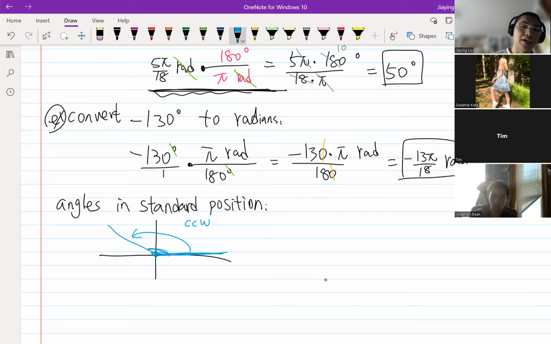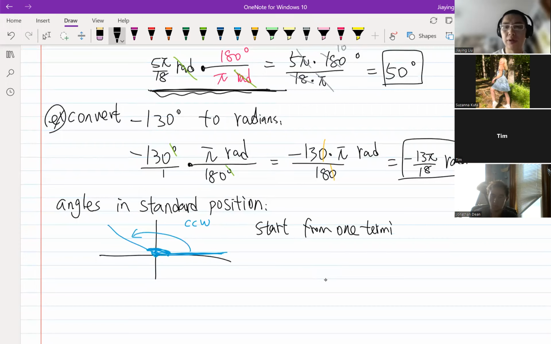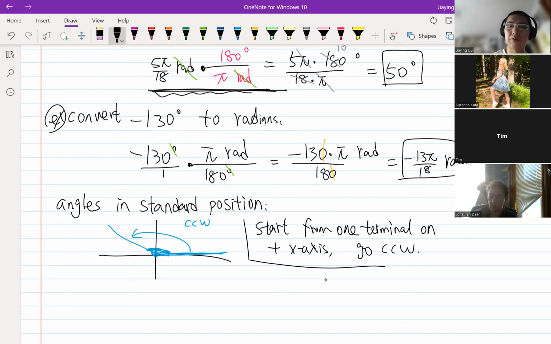So this will be the angle that we talk about. So let me write: start from one terminal on the positive x-axis, go counterclockwise. That's how we normally draw the angle in the standard position.